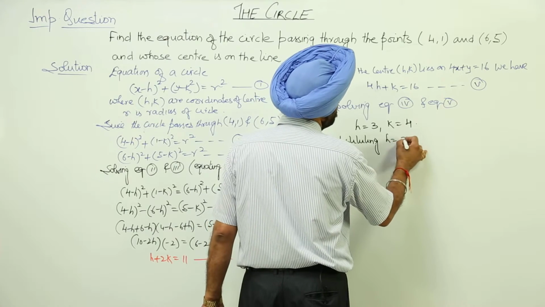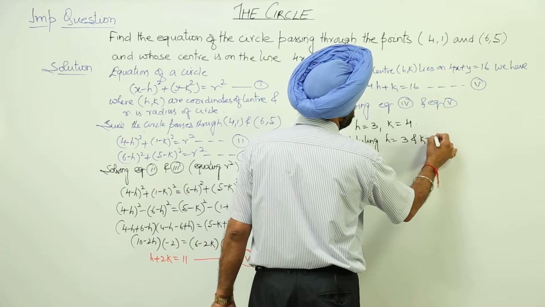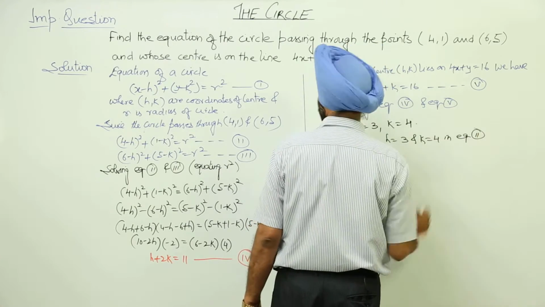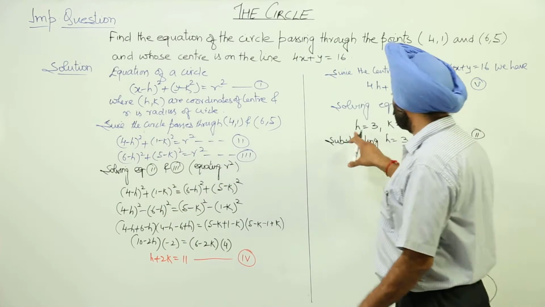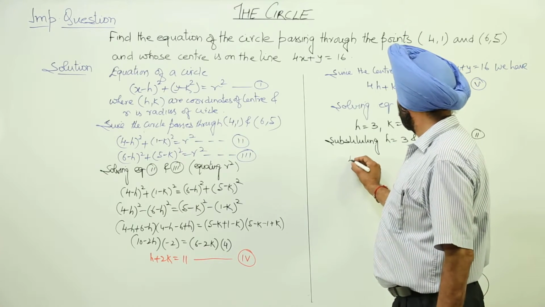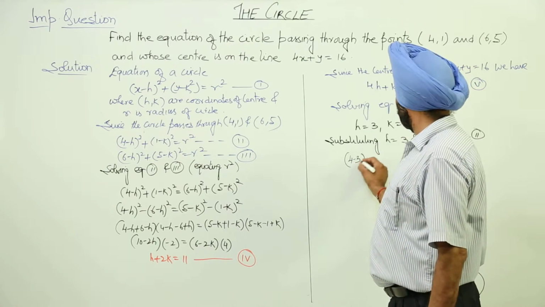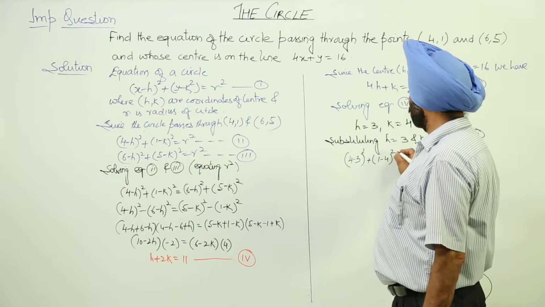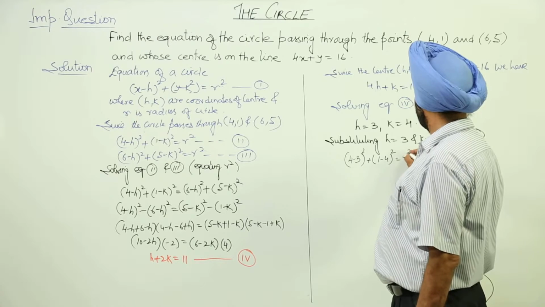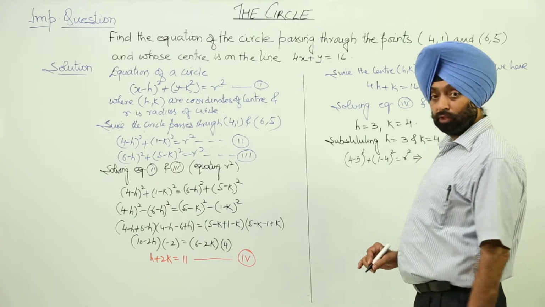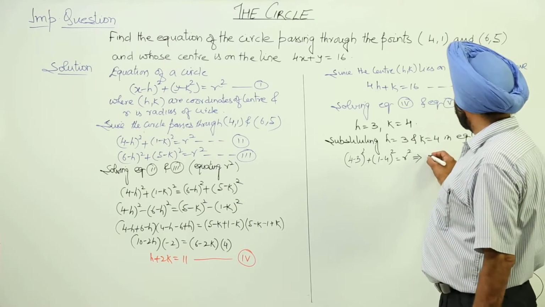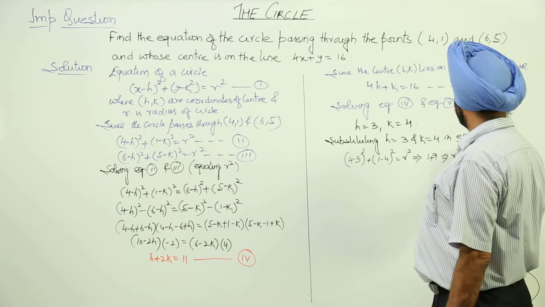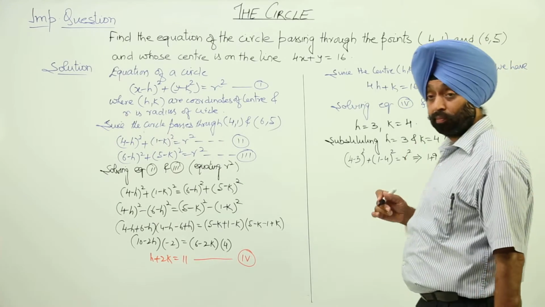Substituting h = 3 and k = 4 in equation 2 here, we are getting (4 − 3)² + (1 − 4)² = r². Is it clear? Or r² is 1 + 9, r² = 10.